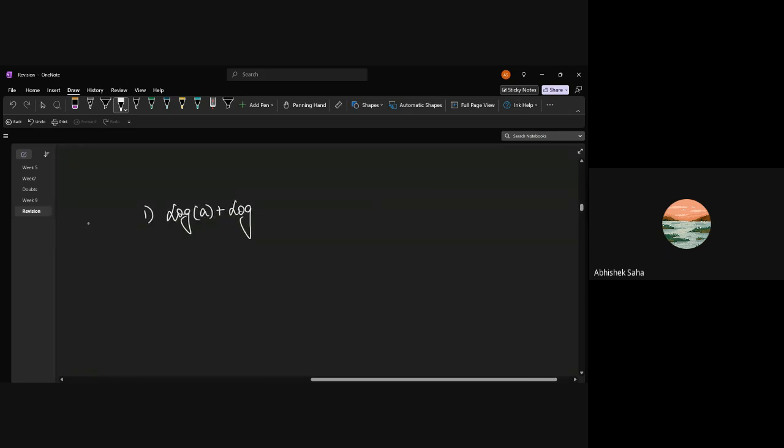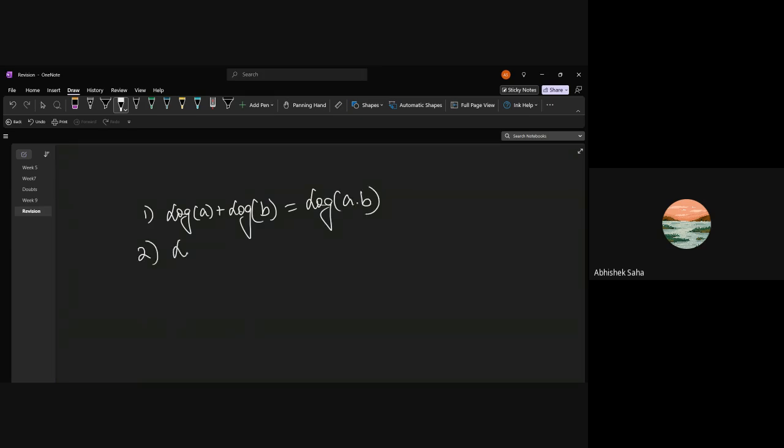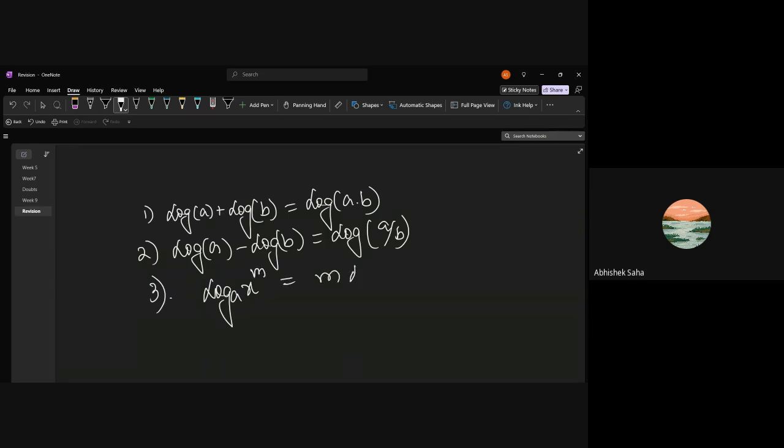Log of A plus log of B is equal to log of A into B. Log of A minus log of B is equal to log of A by B. And the third property will be log of A to the power m is equal to m log of A.